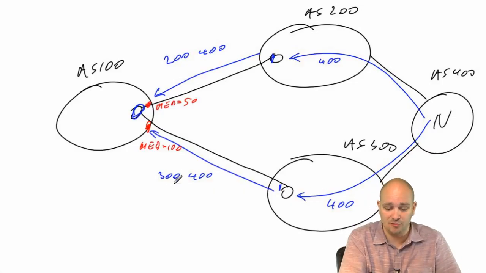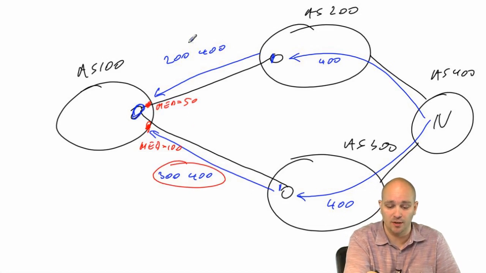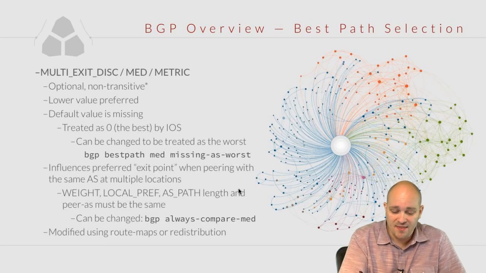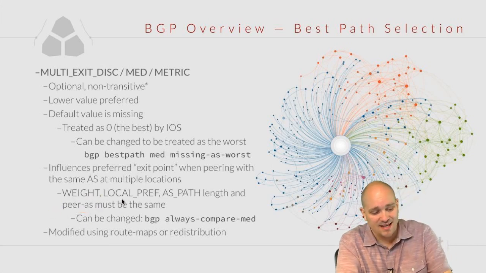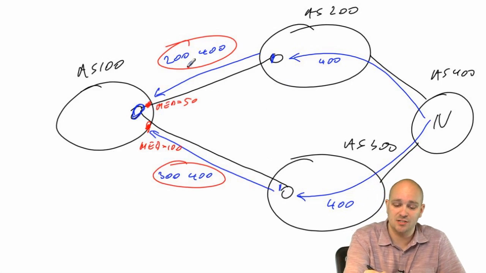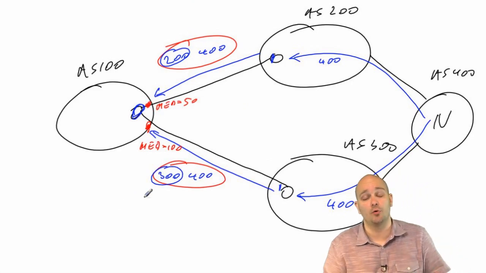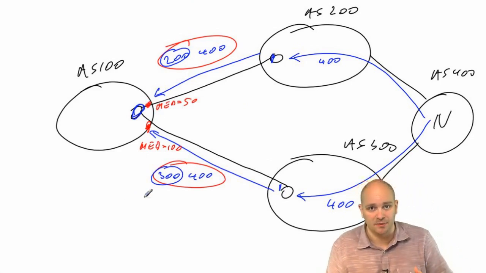In both cases it will be AS path length 2, and then the peer AS must be the same. In this case, our peer AS is not the same. On this side peer AS is 200 and here is 300, therefore MED must be skipped.